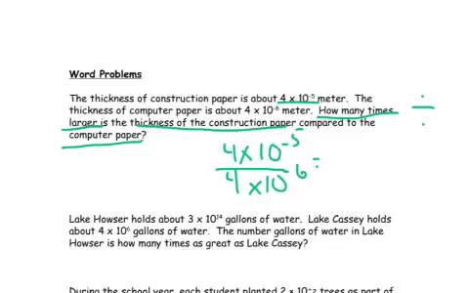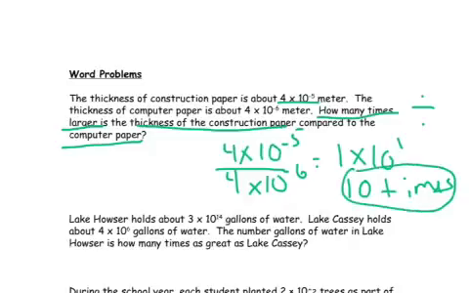You can use your calculator for this one, which you would get 1 times 10 to the first power, which is just 10 times. So look for those key words or phrases to let you know what operation to do, and make sure whatever is stated first in the question part goes in your numerator, whatever is stated second goes in your denominator.